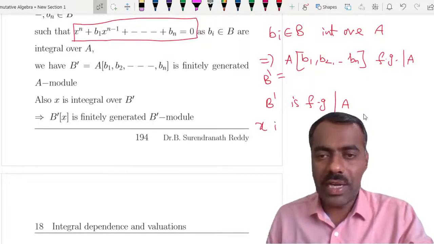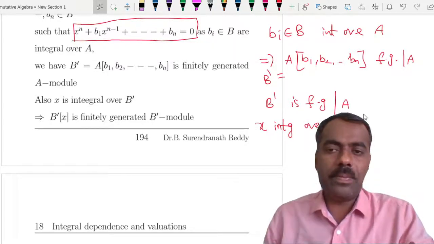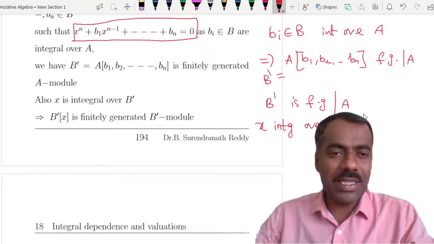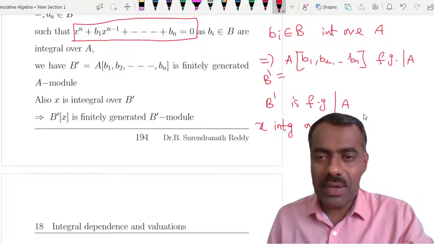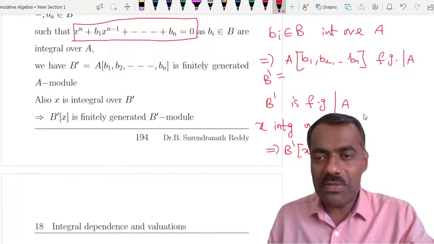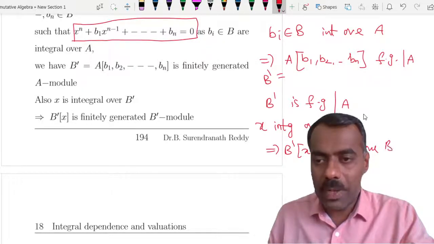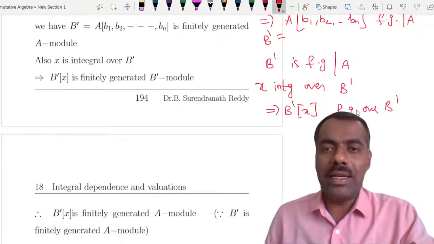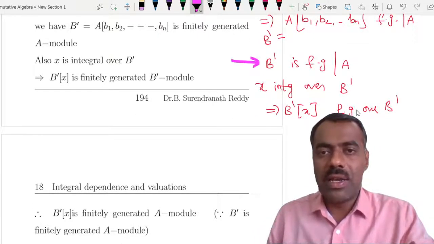So you can write that x is integral over B prime, which means B prime[x] is finitely generated over B prime.